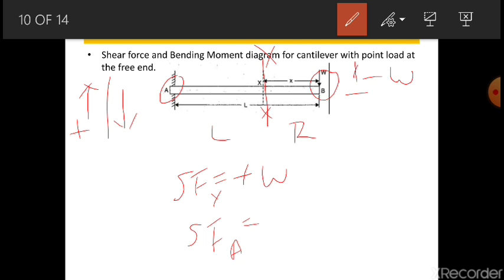Because there is no other point load or any UDL, it will remain constant, as said in the important points of drawing, that between two point loads the load will be constant. So here there is no load, there also it will be constant. Here also, because it is a downward force and we have taken the section, it is on the right hand side of the section, so the downward forces are positive, so it will be the same.